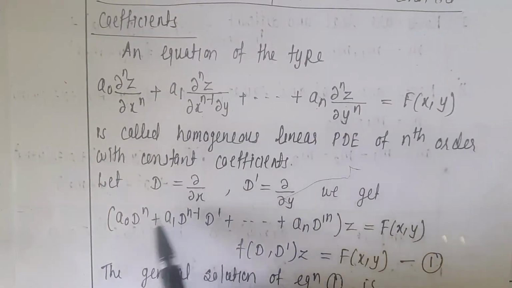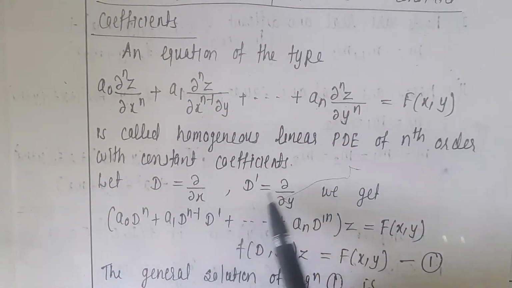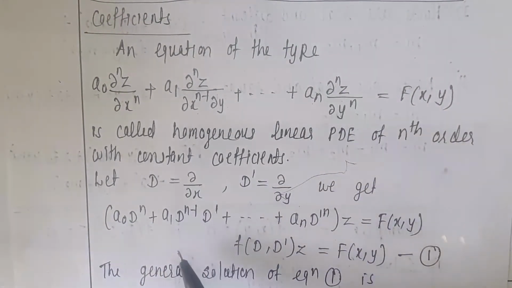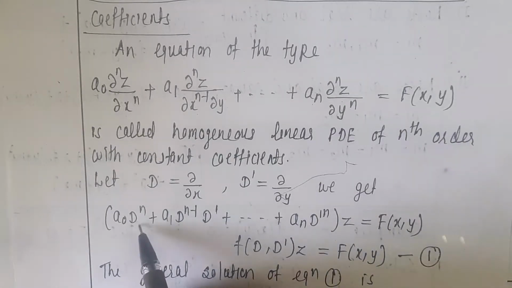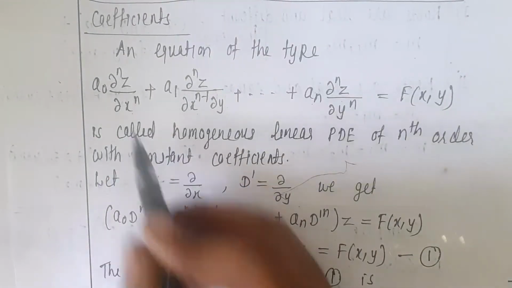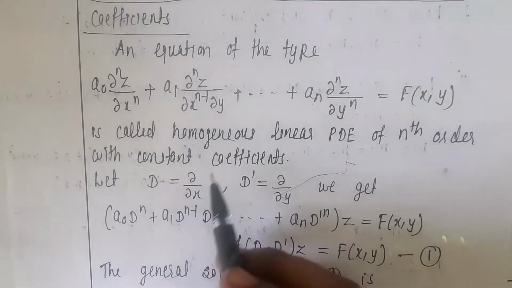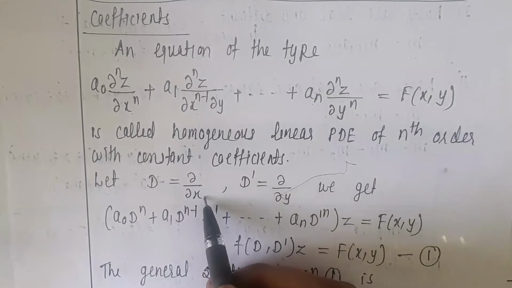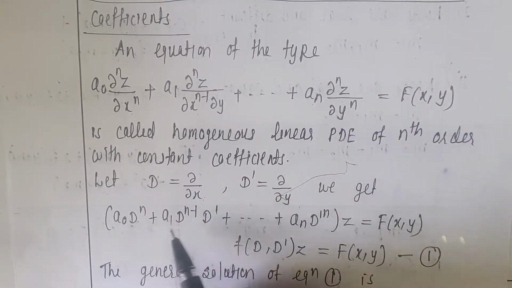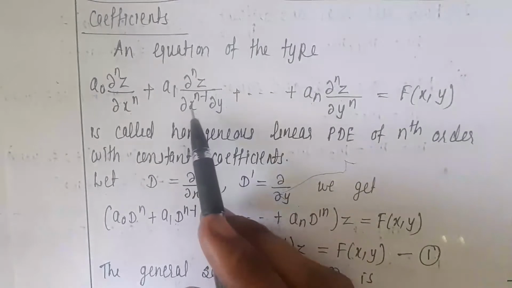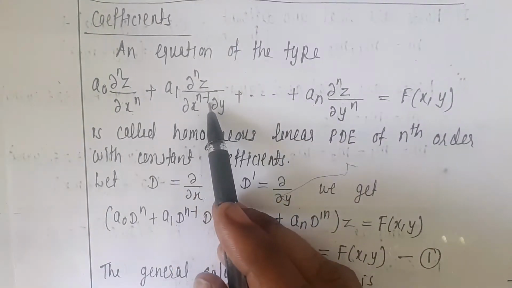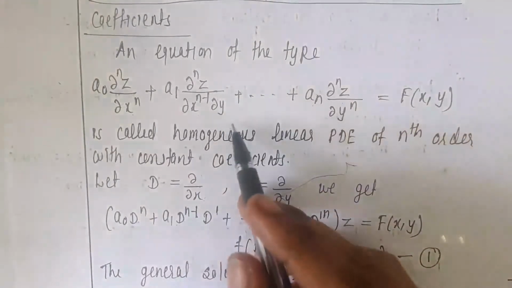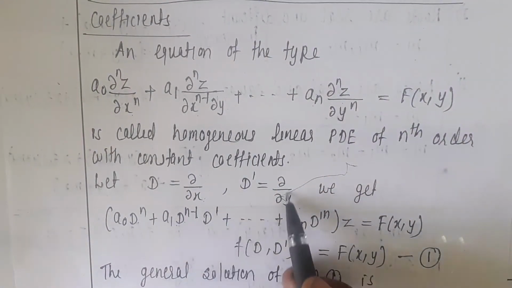We first write D as ∂/∂x and D' as ∂/∂y, and we write this given equation in terms of D and D'. So a0 into ∂/∂x is D, so ∂ⁿ/∂xⁿ becomes Dⁿ, plus a1 ∂ⁿ⁻¹/∂xⁿ⁻¹ is Dⁿ⁻¹, remaining is one ∂/∂y, and that is nothing but D'.